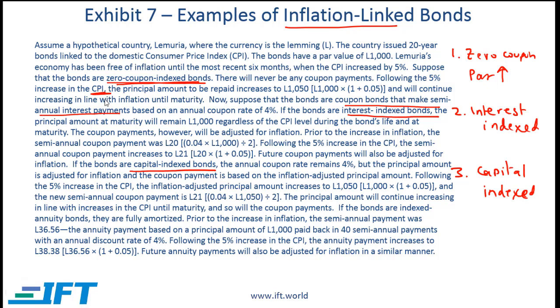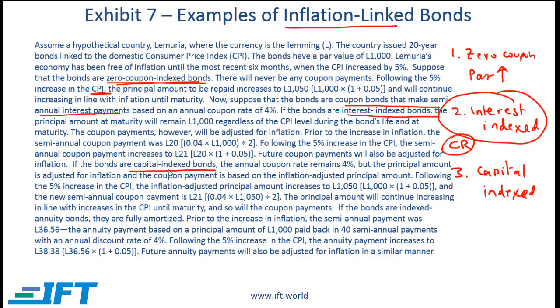The higher the inflation rate as indicated by the CPI, the higher the amount that the investor will get at the end. The second category is an interest indexed bond. Here the coupon rate is adjusted based on inflation. And then the third category is a capital indexed bond. Here the principal amount is adjusted based on inflation, but the coupon rate remains the same.